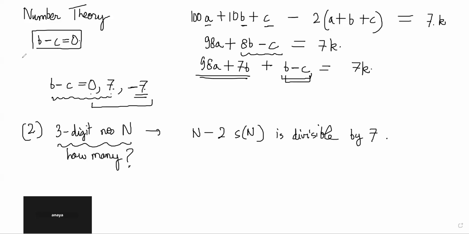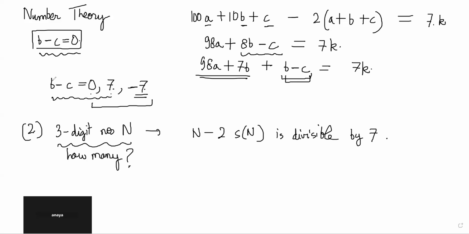So how many did you get? You just assumed 0, right? Yeah, so I got 90 options. Okay. So you said b can be equal to c, then a has 9 choices.